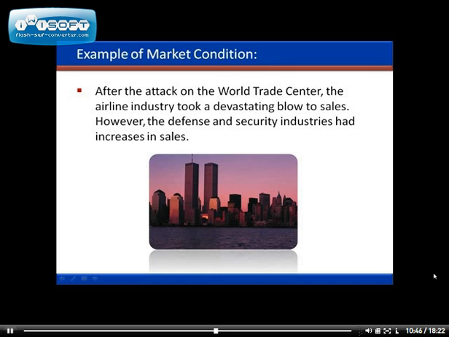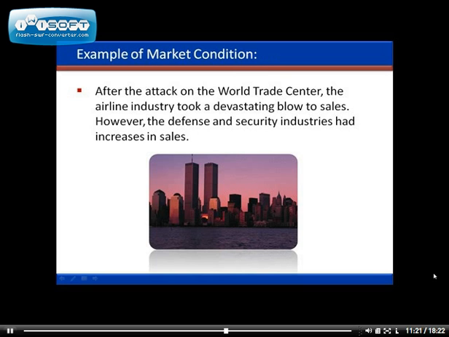A lot of people, after that particular attack, they were afraid to get on airlines, to take a trip, because they were afraid that somebody may try to hijack the plane and run it into a building. And so a lot of people did not purchase airline tickets for a while, and buyer confidence in that particular industry took a blow.